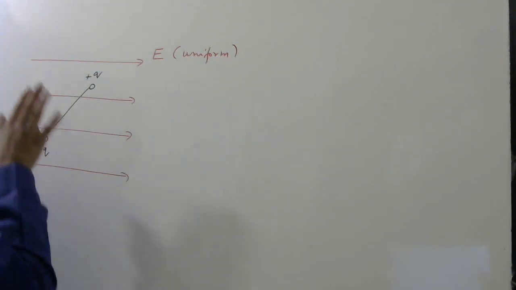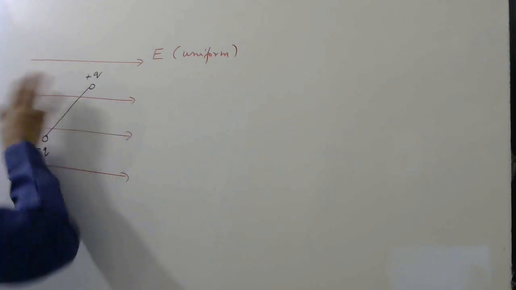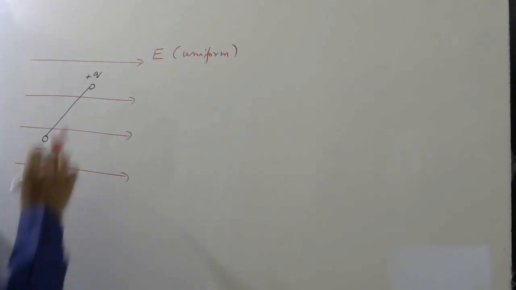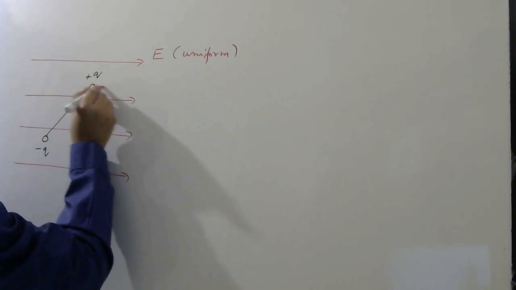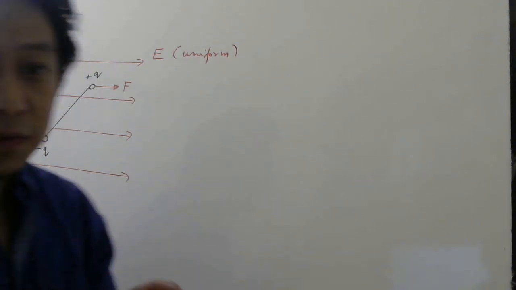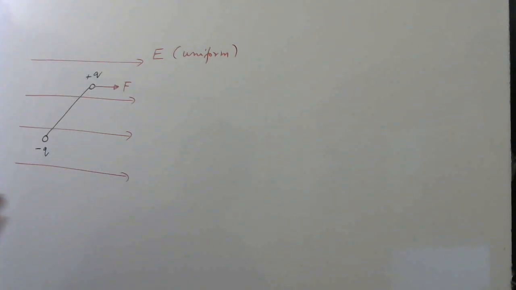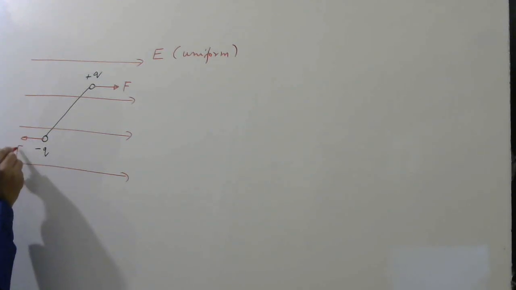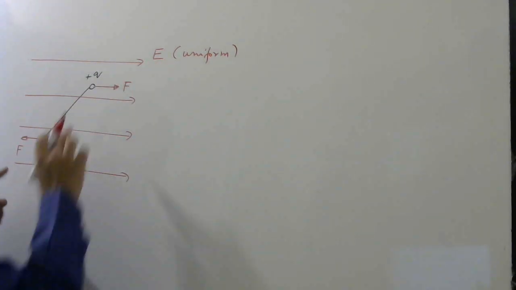Now, the moment you keep this dipole in this electric field, what will happen? This plus q charge will feel a force this side. We have already discussed that a positive charge feels a force in the direction of the electric field, and a negative charge feels a force in the opposite direction. Why did I write F?